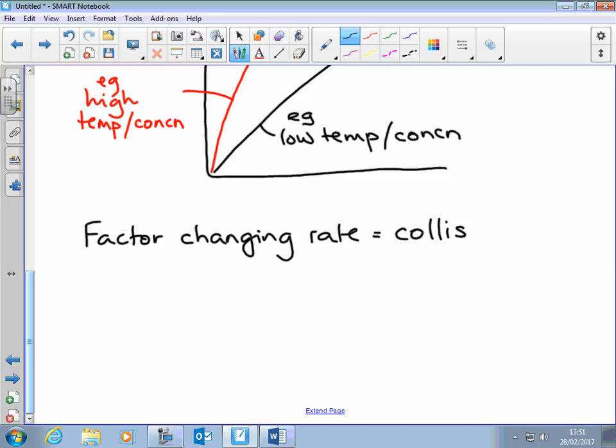We will come back to collision theory, but collisions between particles, as long as they've got enough energy, and if you remember from the organic mechanisms, as long as they're the right way round as well. They had to be in the right orientation with those mechanisms you drew. So the collisions with enough energy and in the right orientation, if we're going to be precise. The collision is the key, and it's a word that needs to come into the descriptions we use.